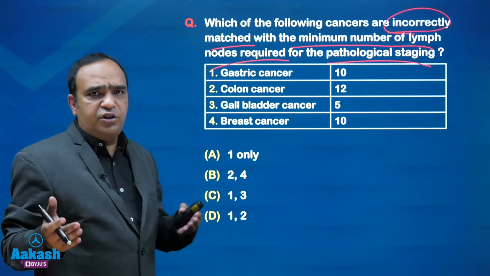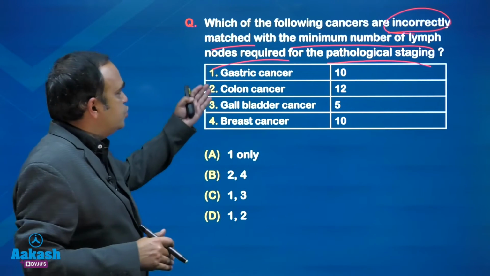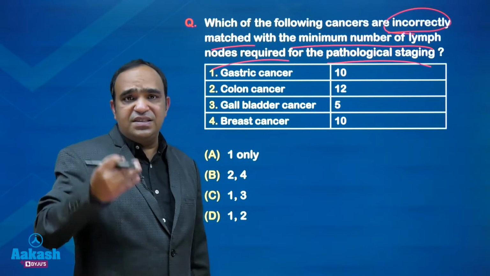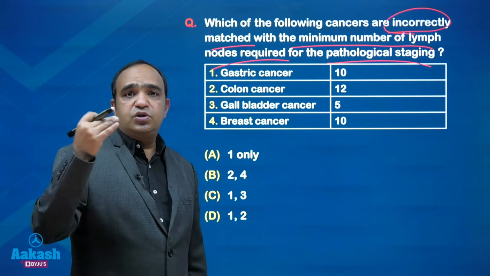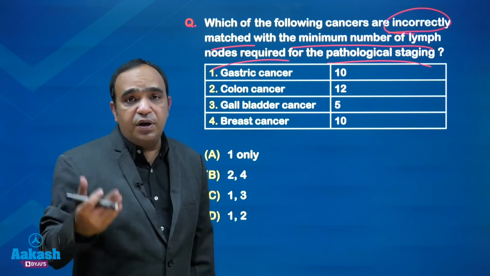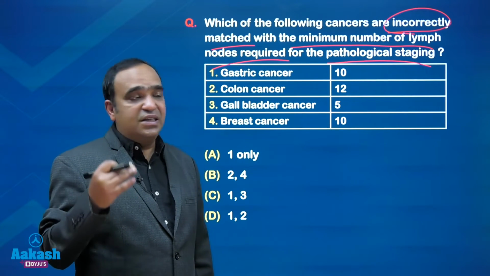They have been taught many a times and in our content videos also. For resection of any cancer, how much should be the extent of lymph node resection? How many lymph nodes are needed for minimum pathological staging?